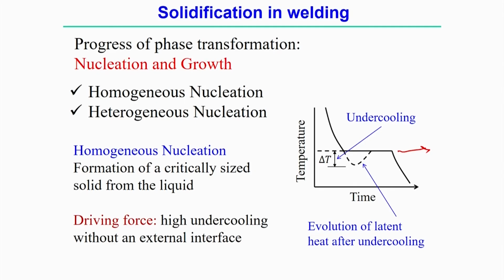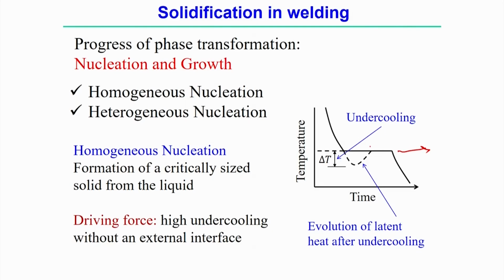Once it achieves some undercooling, it starts the nucleation process, and then it comes back to the equilibrium temperature that decides the phase change between solid and liquid. Then evolution of the latent heat starts after the undercooling of this system.